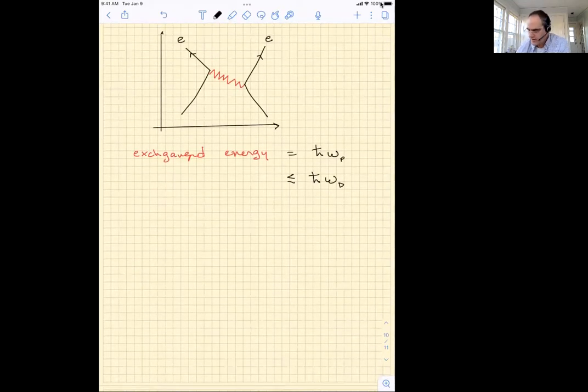And this leads us to another picture. Okay? And that looks like this. So in this picture, I'm going to draw the density of states for the electrons in a conductor, with density of states on the x-axis and energy on the y-axis.